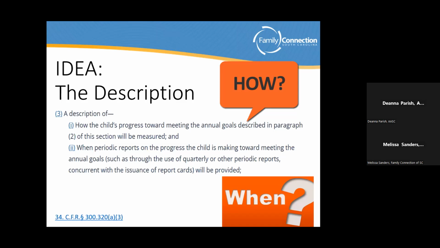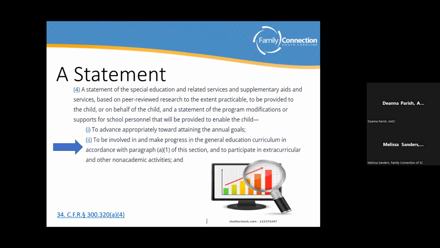So that's when the progress will be provided. Okay, here we're looking at what it is. For the child's services, if you follow me down to where the blue arrow is, this is specific in the law about mentioning where progress is reported based on a student's performance in relation to the general education curriculum.